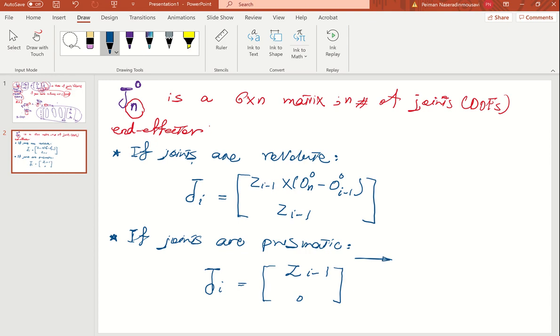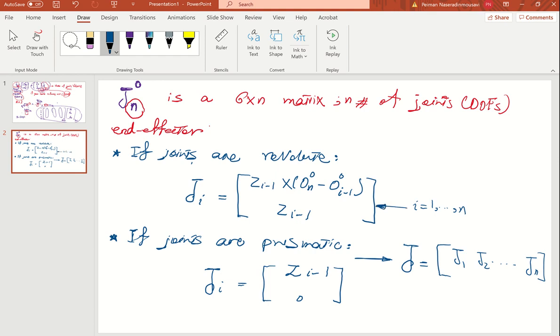And finally, the Jacobian of the end effector is going to be calculated as J1, J2, up to Jn, where i is from 1 to n here.